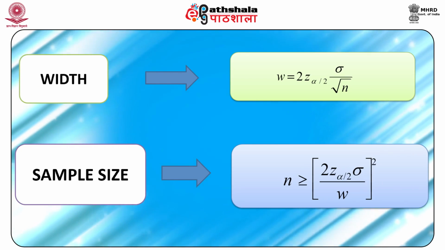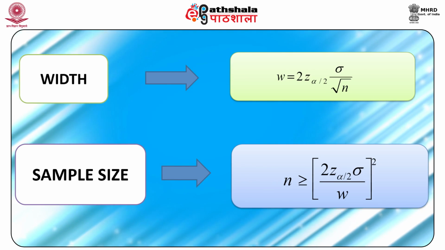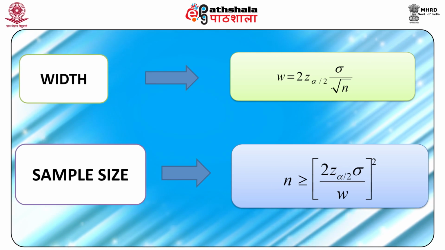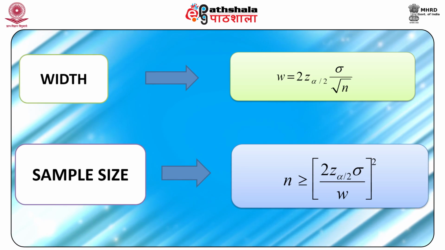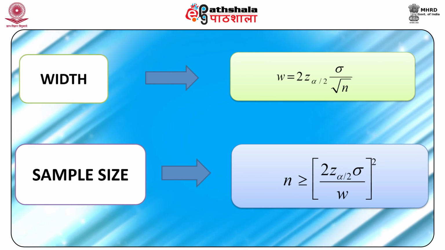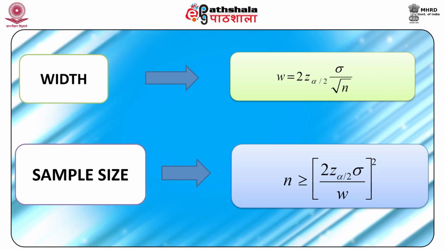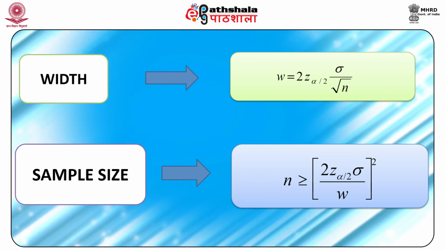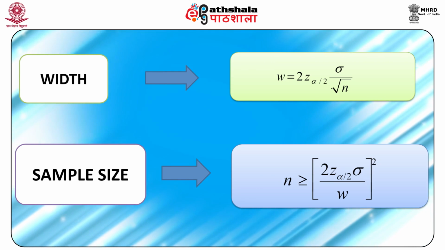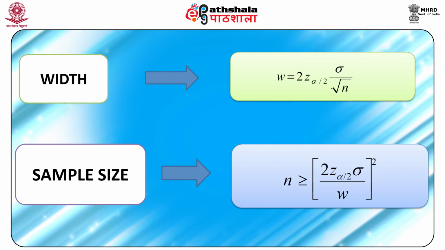So when we specify the width w, then we have w equal to twice z alpha by 2 into sigma by root n. The required sample size is then given by n greater than or equal to (twice z alpha by 2 into sigma upon w) raised to the power of 2, where we round off the fractional value of n to the next higher integer.